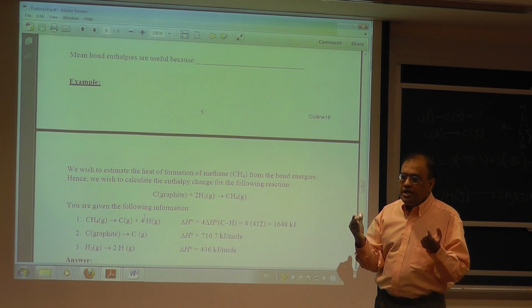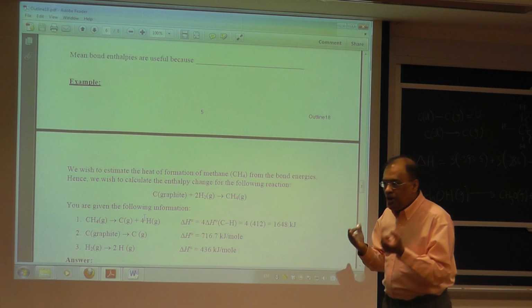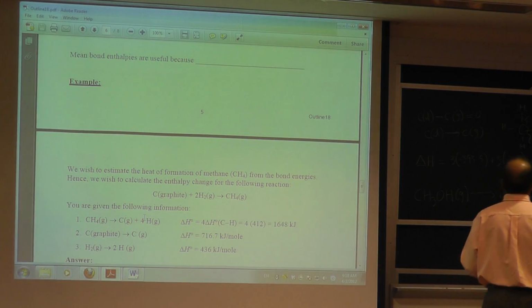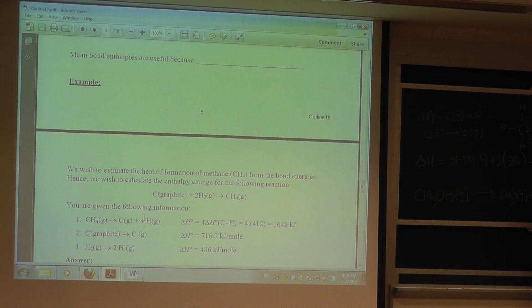The CO bond in methanol is approximately the same as the CO bond in ethanol. The amount of energy required to break the CO bond here and the amount of energy required to break the CO bond here are approximately the same. That's why bond enthalpies are useful, and we can talk about mean bond enthalpies.